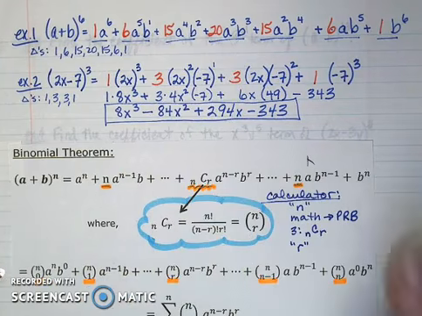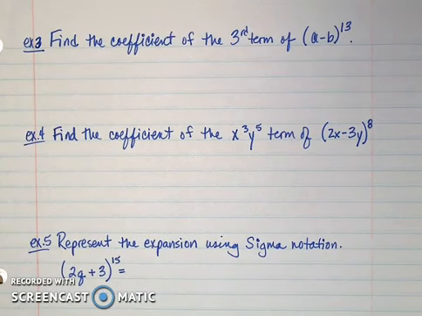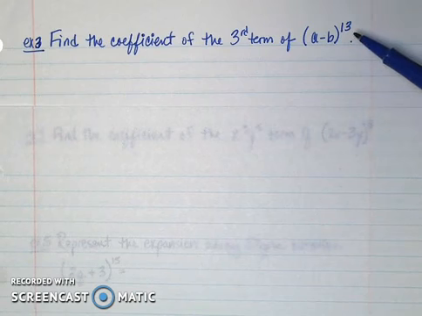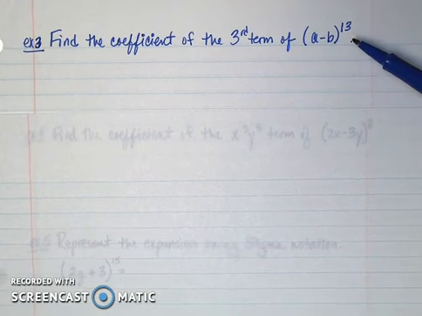The reason I point that out is I'd like to try this example right now. I'd like to find the coefficient of the third term of (a minus b) to the 13th. Now, you don't want to sit and do Pascal's triangle out 13 rows. So we're going to do our combination shortcut with the binomial theorem.